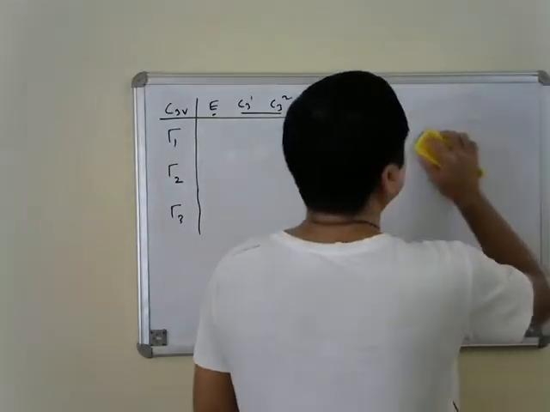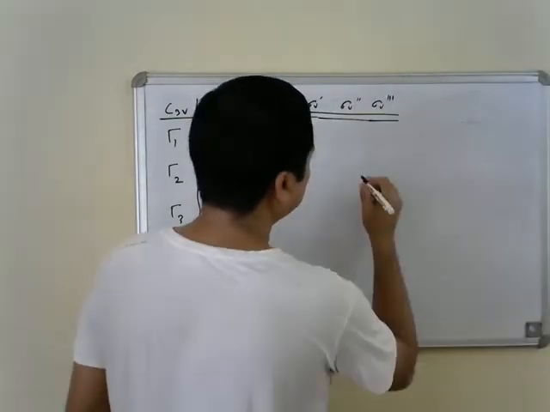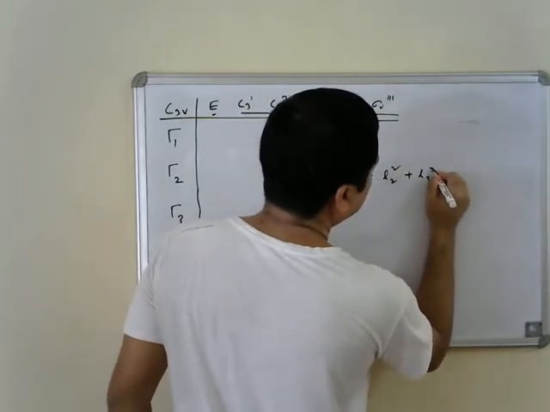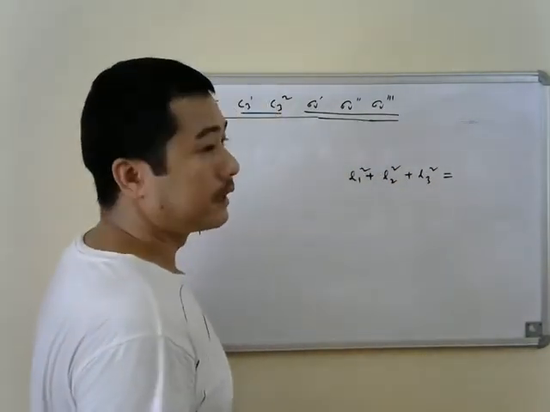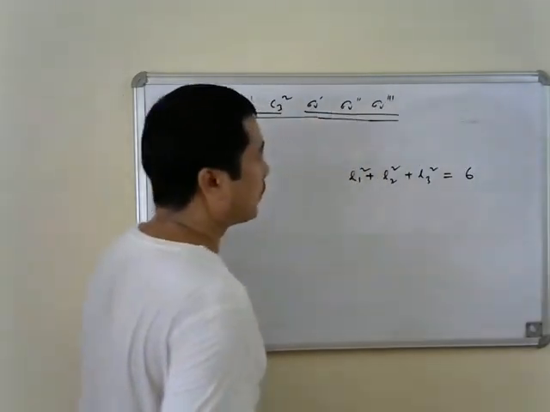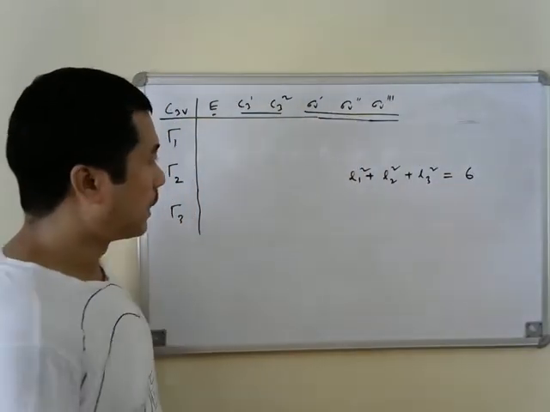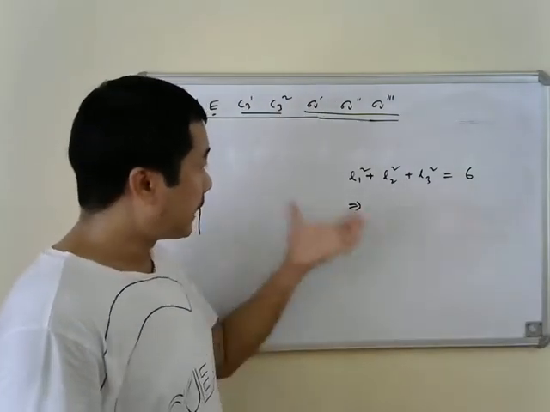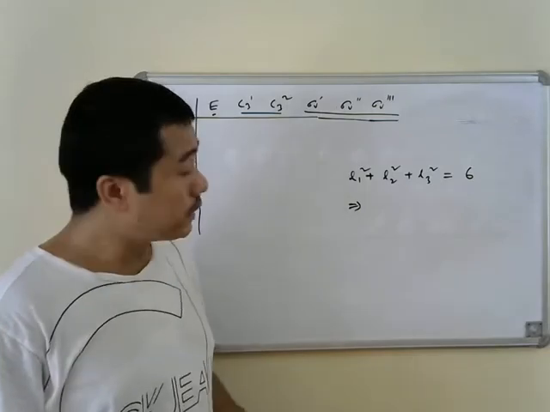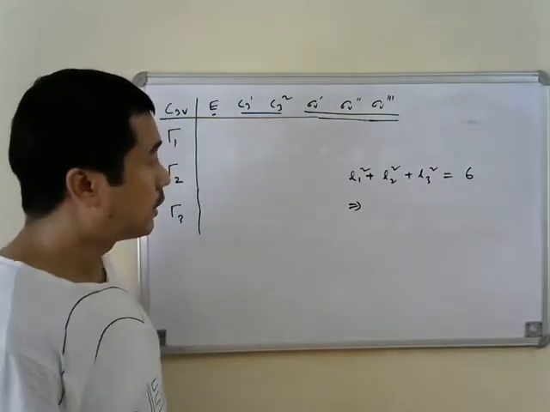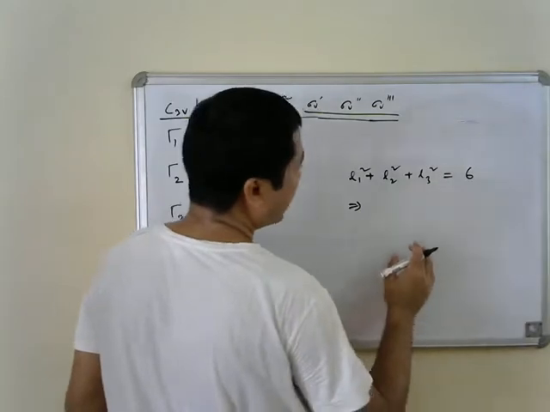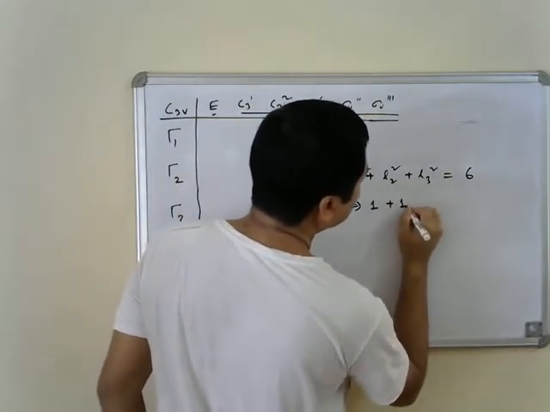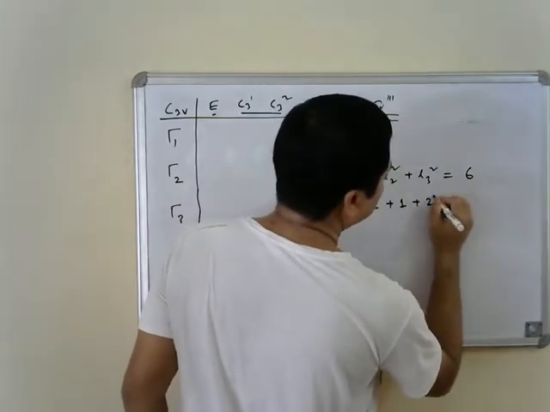So now if we assume the dimensions of these irreducible representations to be l1, l2 and l3, then l1 square plus l2 square plus l3 square must be equal to the order of the group, that is, it must be equal to 6 here. Since we know that l1, l2 and l3 are all positive integers, only one solution is available for this to be equal to 6, that is l1 equal to 1, l2 equal to 1 and l3 equal to 2.